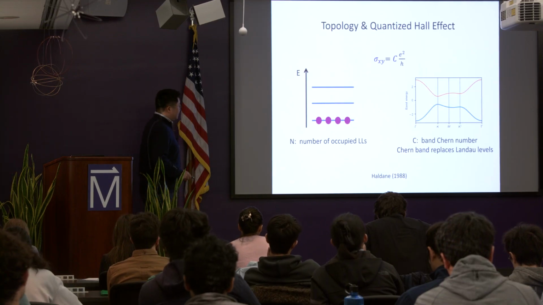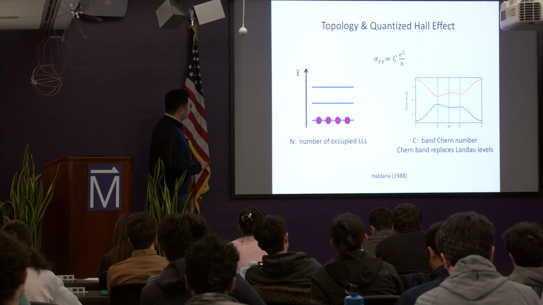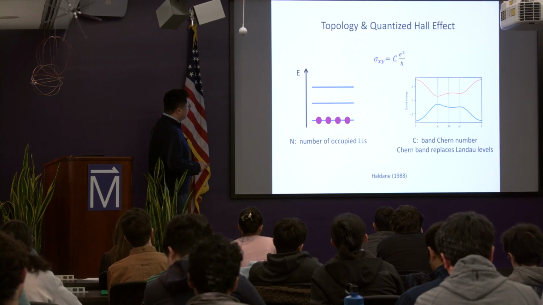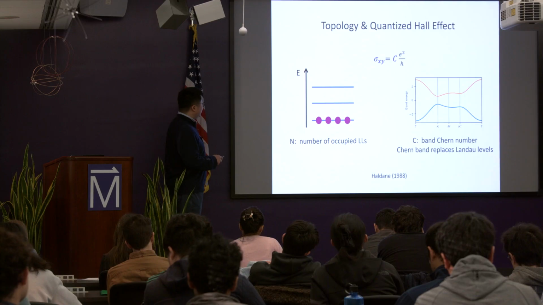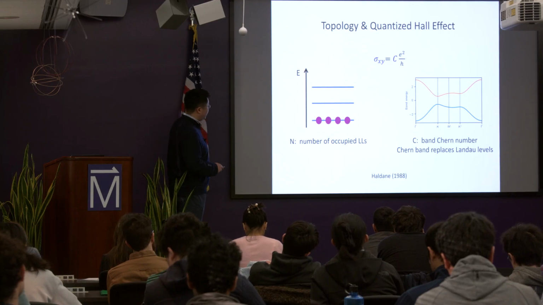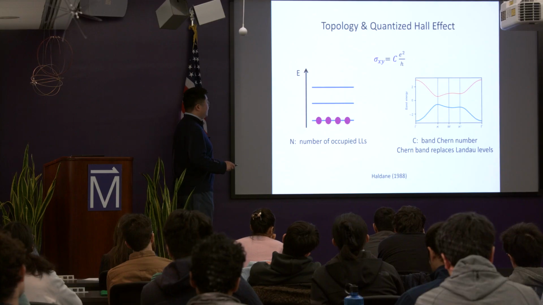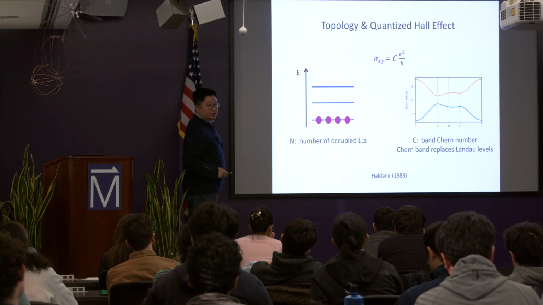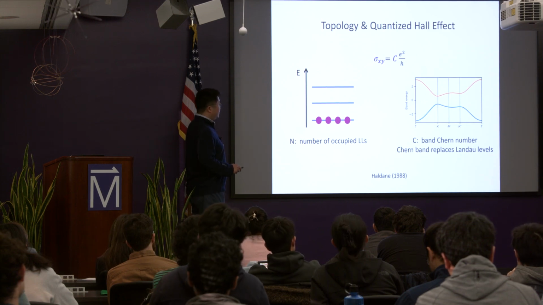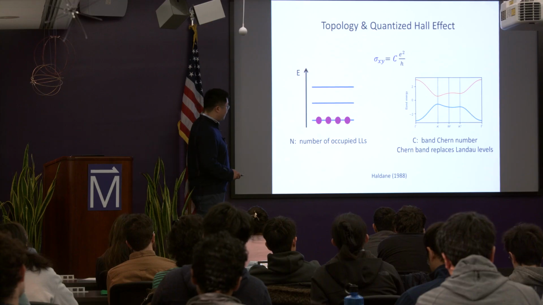And Haldane pointed out that, in addition, instead of applying a magnetic field to create an integer quantum Hall effect using Landau levels, one can consider toy models, a model for an insulator with an energy gap between the conduction and the valence band. But under the right conditions, the valence band can have a non-zero topological so-called Chern number.